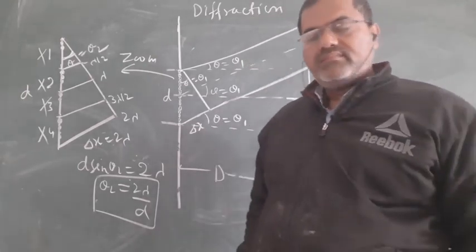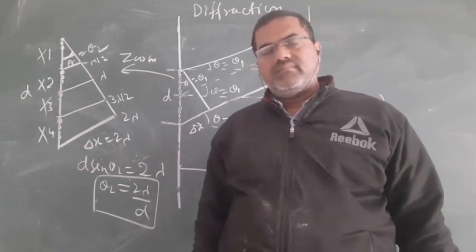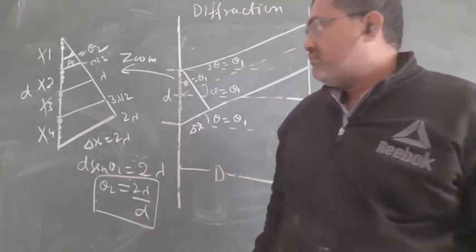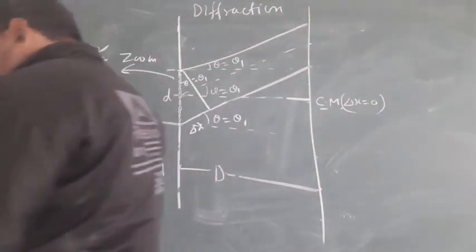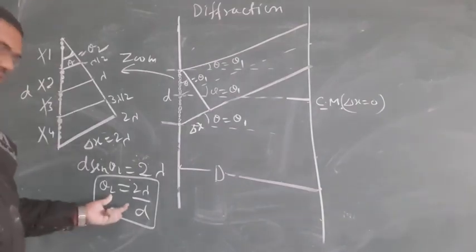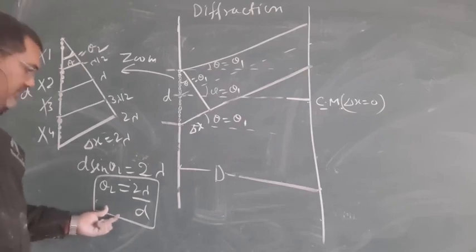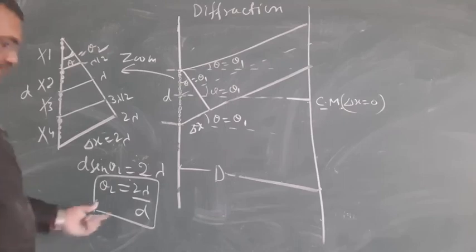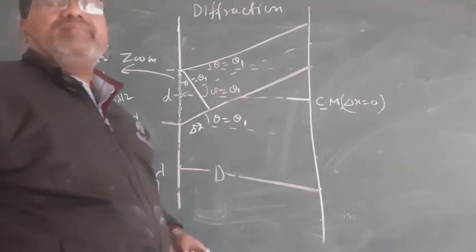So this is the condition for the second minima from the central maximum.